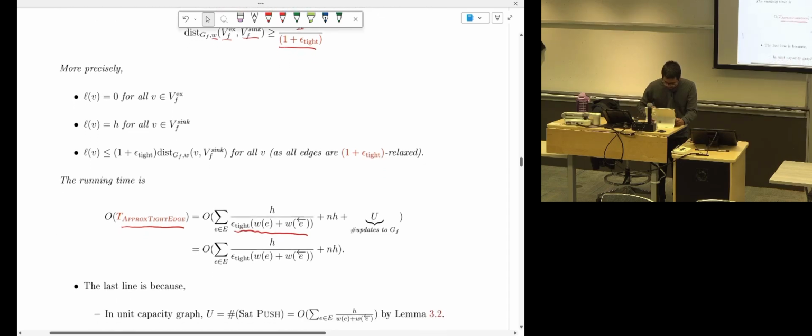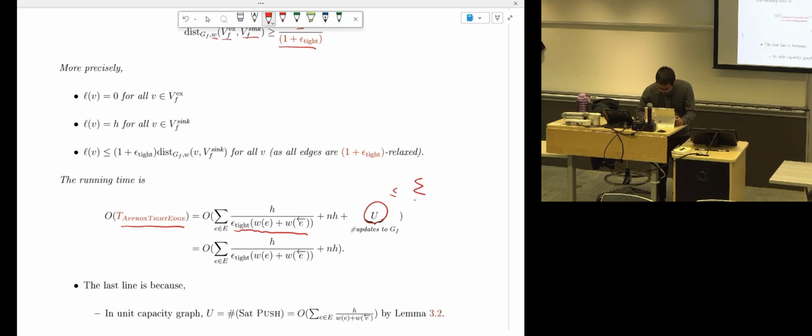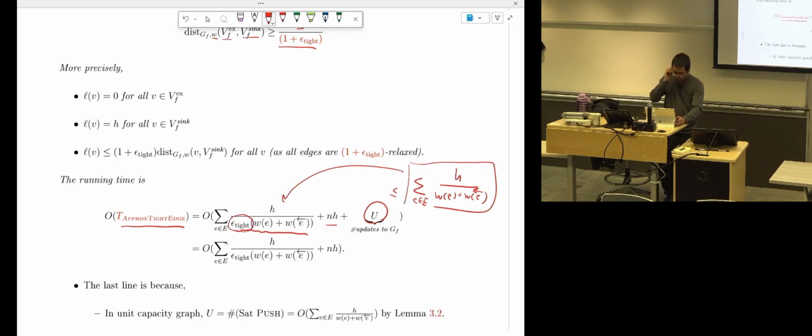One sec. This thing, you just see that this is at most the sum over edges, and hash over this plus this backward. And this is just n hash. And this is basically the same thing here, but you have this epsilon here.